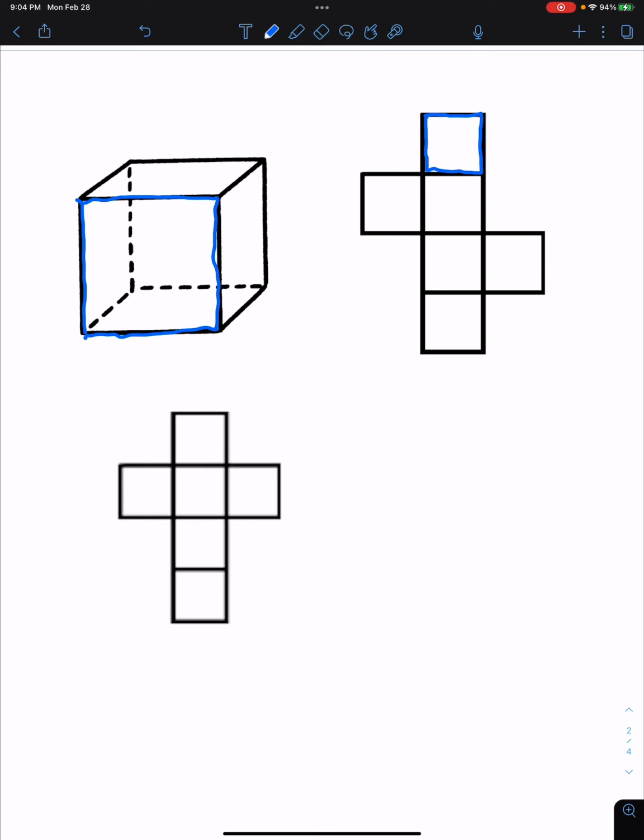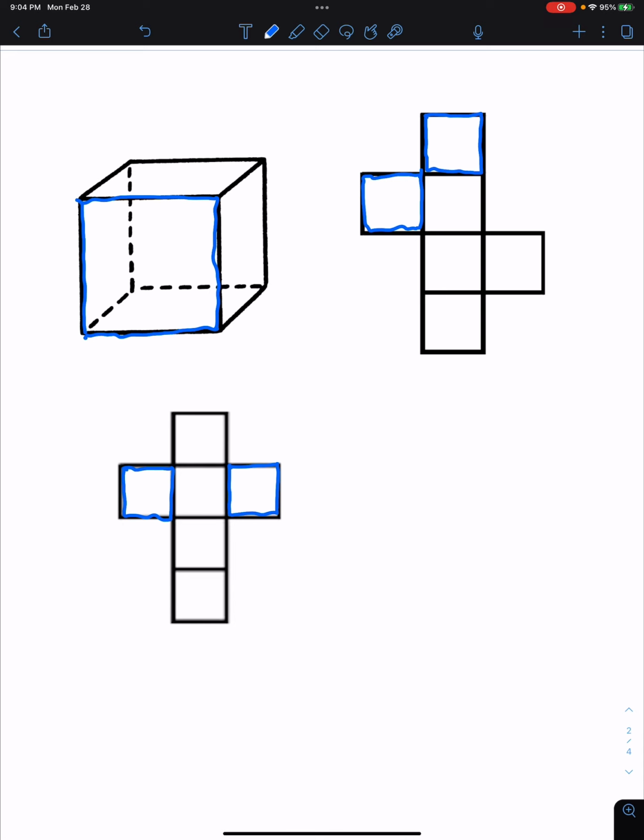And we could flatten it out in a couple of different ways. This little shape, it almost looks like Tetris, doesn't it? But this little shape here will fold up into a cube, and so will this little cross figure shape will fold up into a cube.